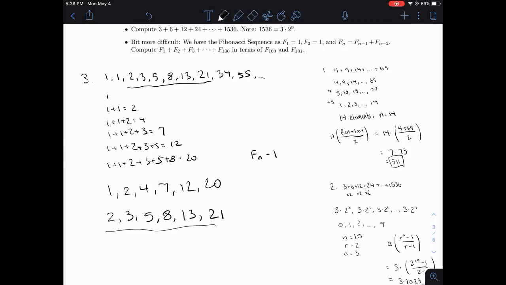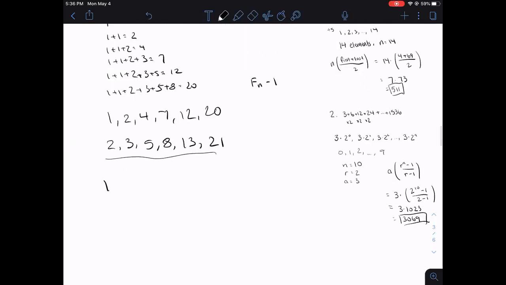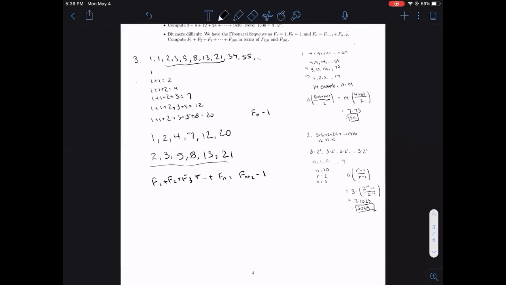Just by looking at the cases, we can guess that this holds. But why is this actually true?